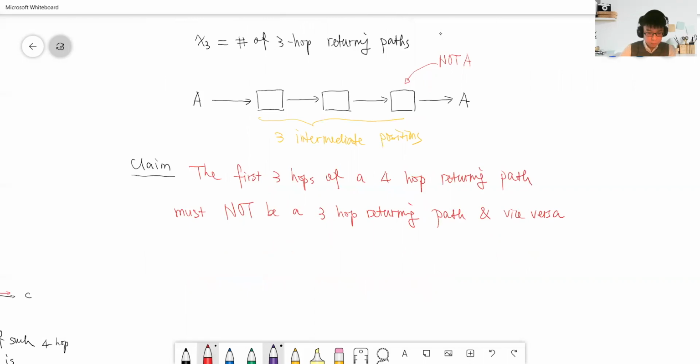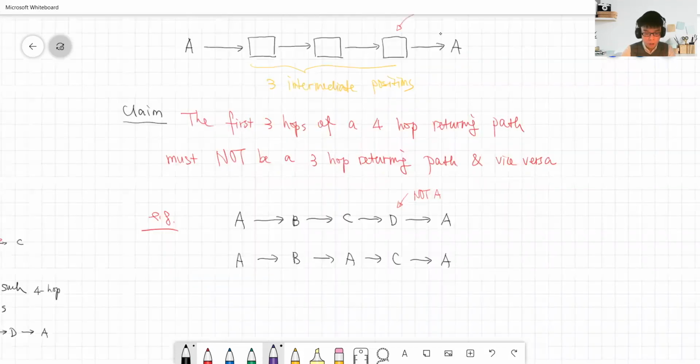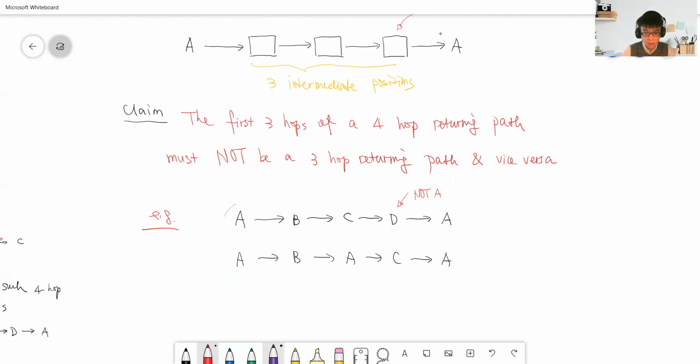For example, the cricket hops from A to B, and hops from B to C, from C to D, and back to A. So here, the last hop is from D to A. So that is not A. D is not A. Or it hops from A to B, from B to A, and from A to C, and from C to A. Still, the fourth position is not A. In this 4-hop returning path, if we consider the first 3 hops, it's not a returning 3 hops.